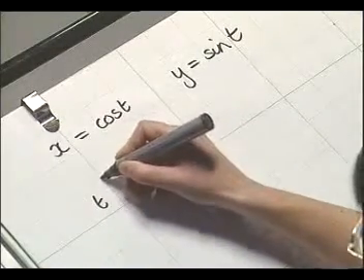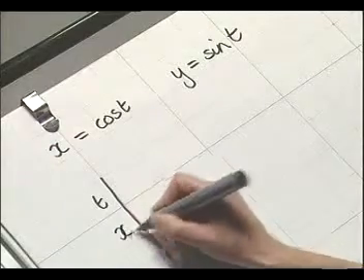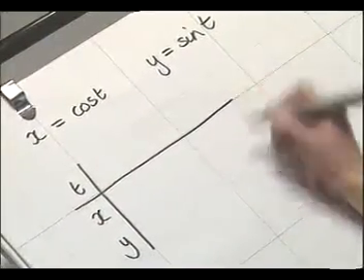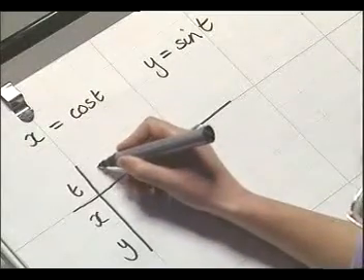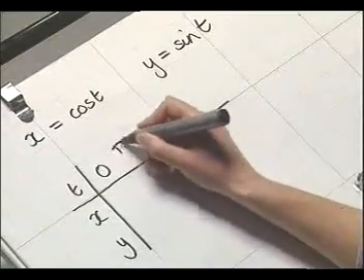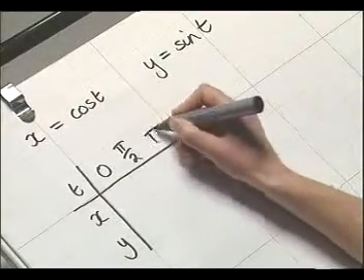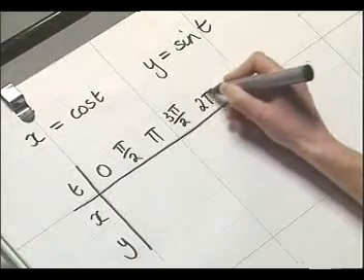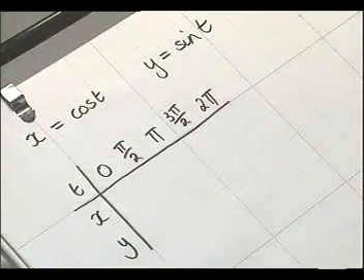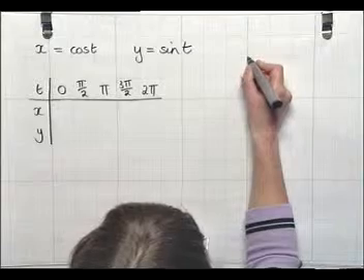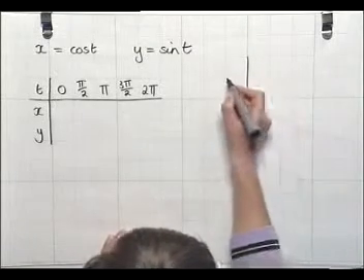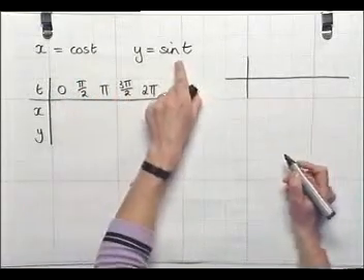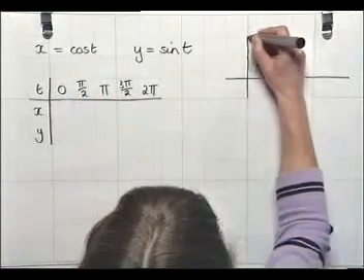So let's take some values of t and calculate x and y. We'll take values of 0, pi by 2, pi, 3 pi by 2, and 2 pi. And to make it a little bit easier, we'll draw the curves of cos t and sin t.